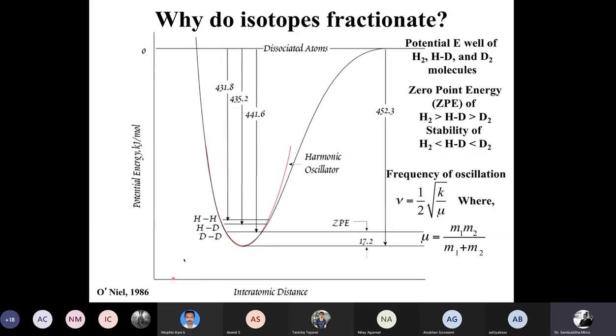Okay, so following that principle, we can definitely say that the deuterium bond is far more difficult to break than the hydrogen bond. So if any reaction needs to happen, the deuterium will be less inclined to participate in it than the hydrogen. Okay? Keep that in mind.